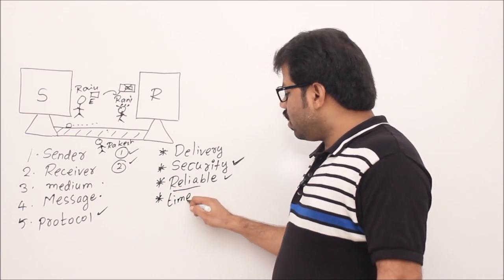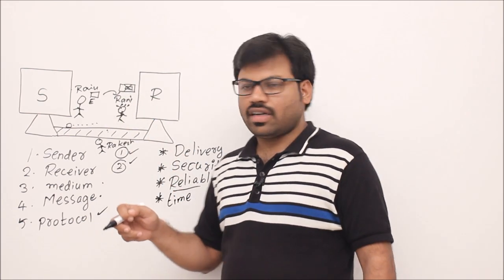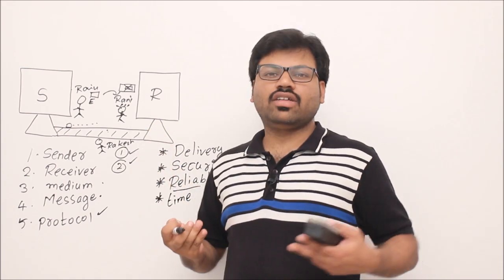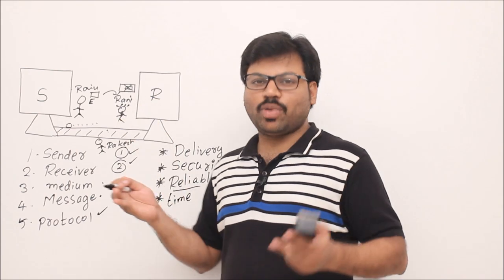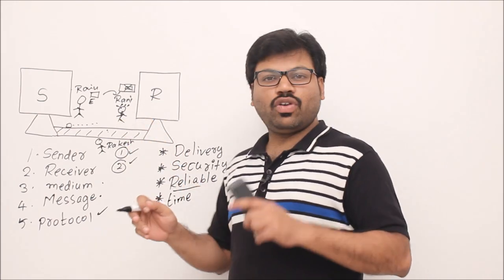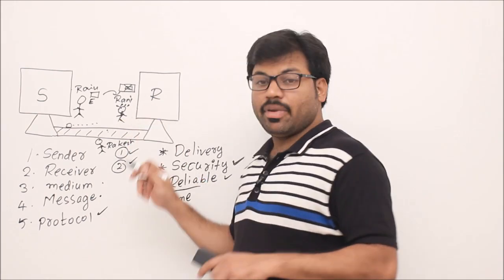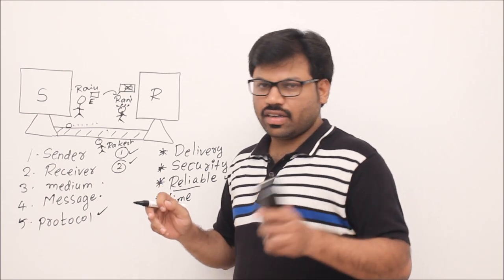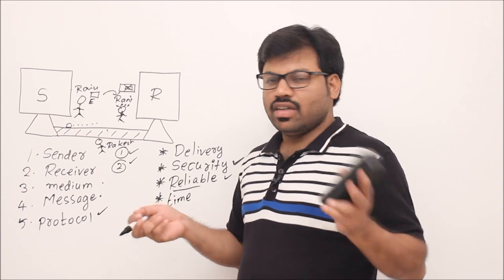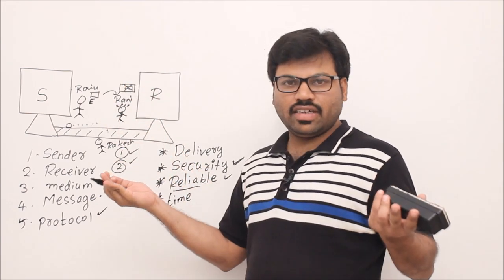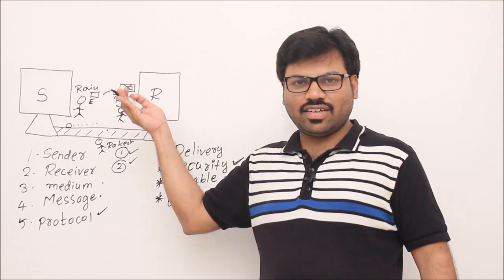For example, let's say Rani is waiting for that letter, and only she can wait up to a lifetime. After that she cannot wait. It is a simple model. So Rani is able to read that message only until she is alive, correct? That's why Raju should send it in a timely way, at least within 60, otherwise 70 years, that message should reach, correct?